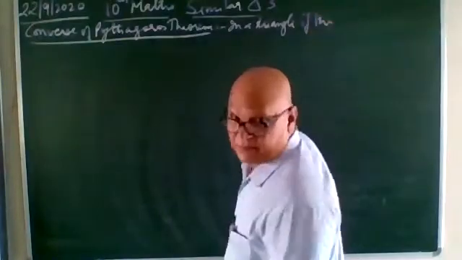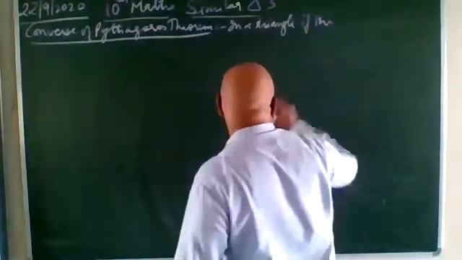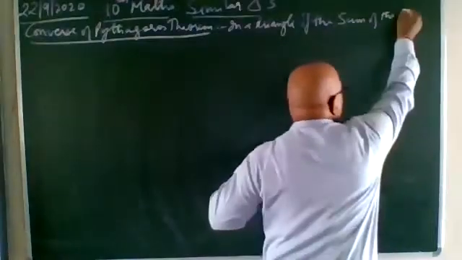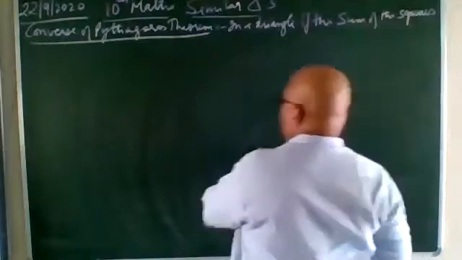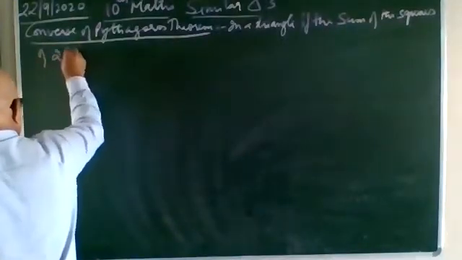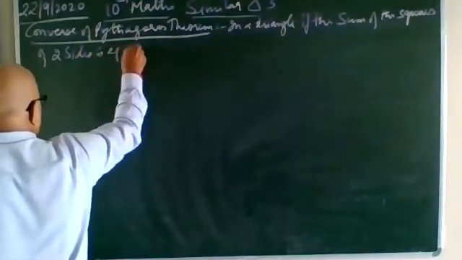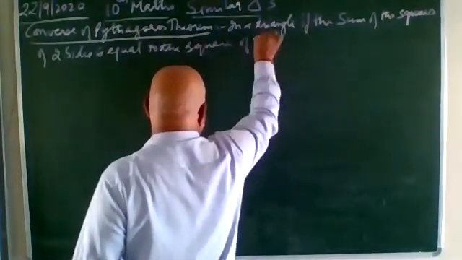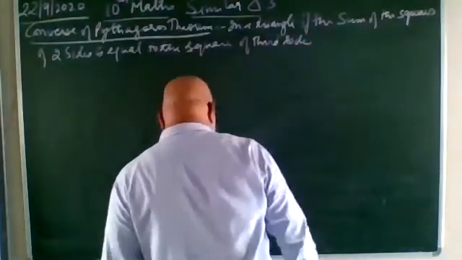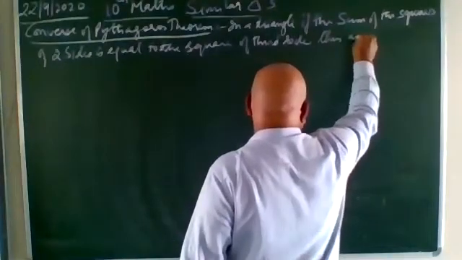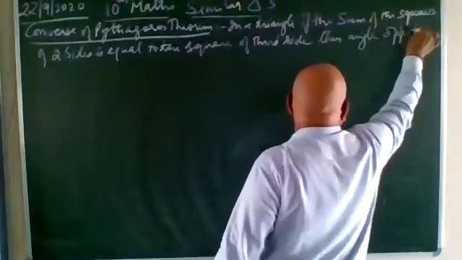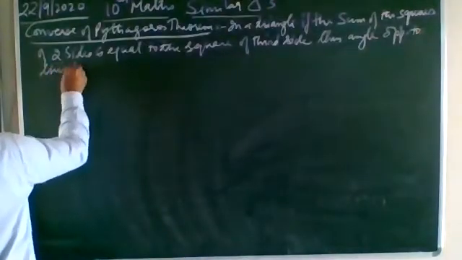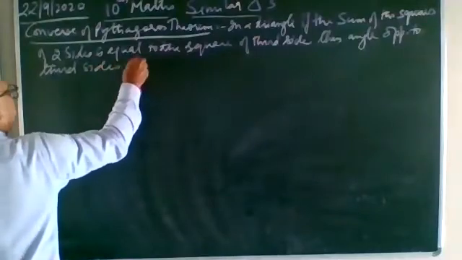If the sum of the squares of two sides is equal to the square of the third side, then angle opposite to third side is 90 degree.